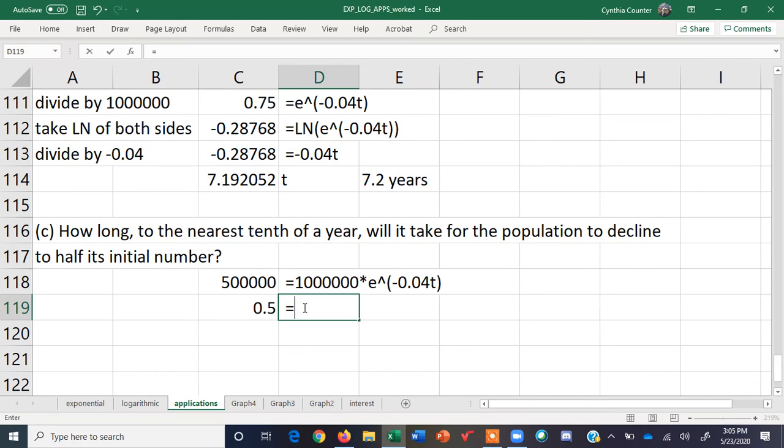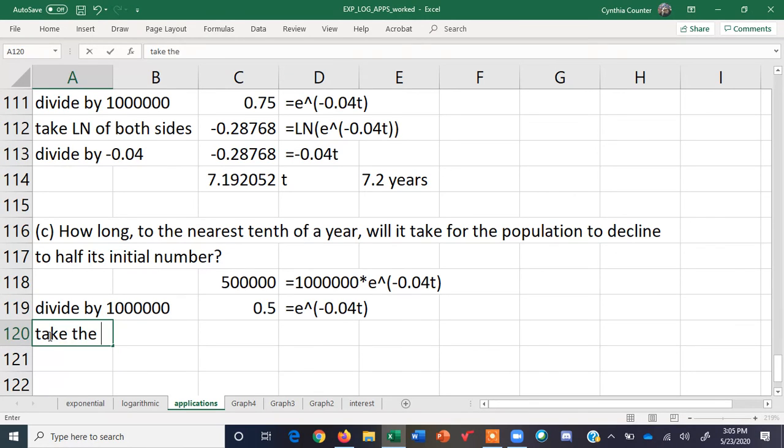Equals the exponential. Take the natural log of both sides. So the first thing we did was divide by 1 million. Now we're going to take the natural log of both sides. So here we have ln of 0.5, and that equals ln of all this.